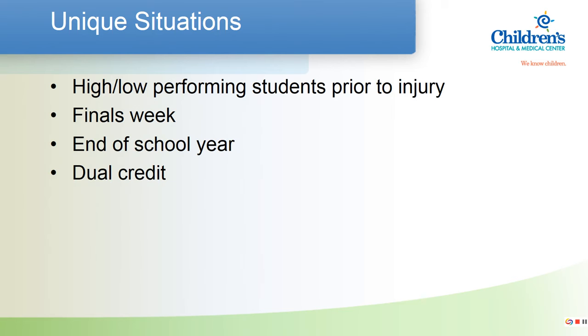On the contrary side, the low-performing students, these kids might already struggle with academics, their attendance, or they might be missing homework, and the concussion is kind of like their answer to making an excuse for, oh yeah, that's the reason why I couldn't hand in all of my homework.